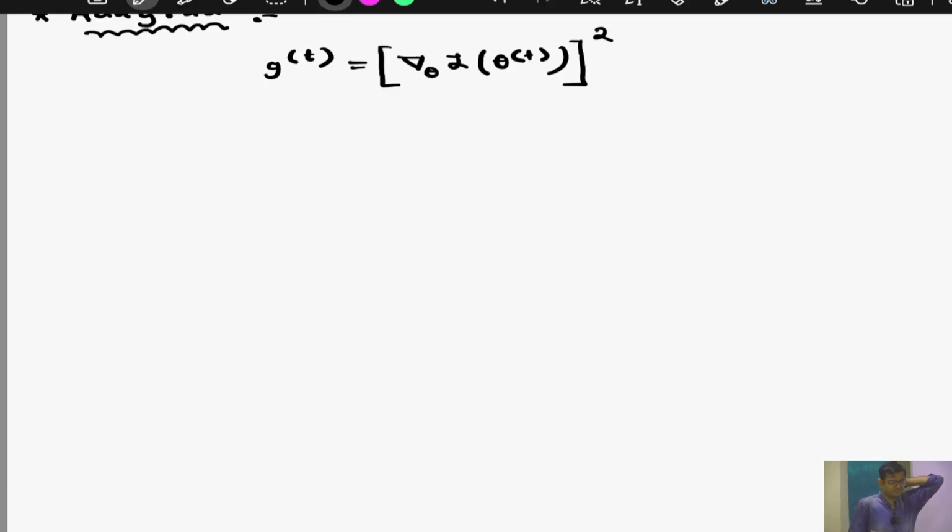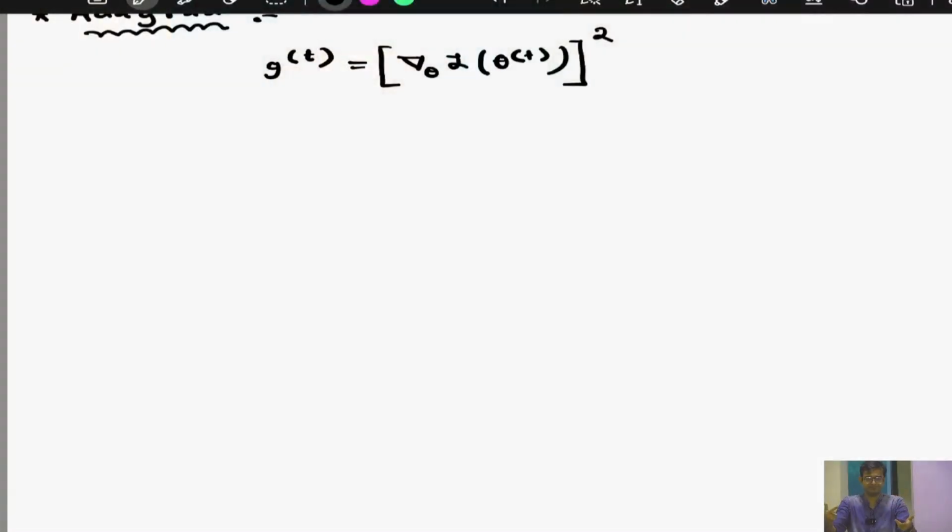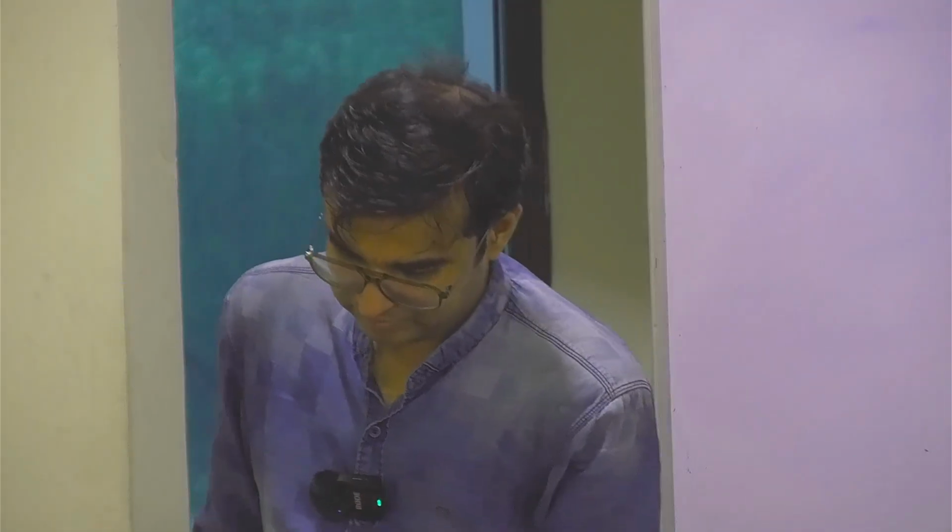Gradient of loss is a vector. What does the square of a vector mean? It does not mean anything. This is element-wise square. So if the numbers are 1, 2, 3, it will become 1 squared, 2 squared, 3 squared. So each element in your gradient vector is squared. Keep that in mind, because this is a vector, not a scalar.